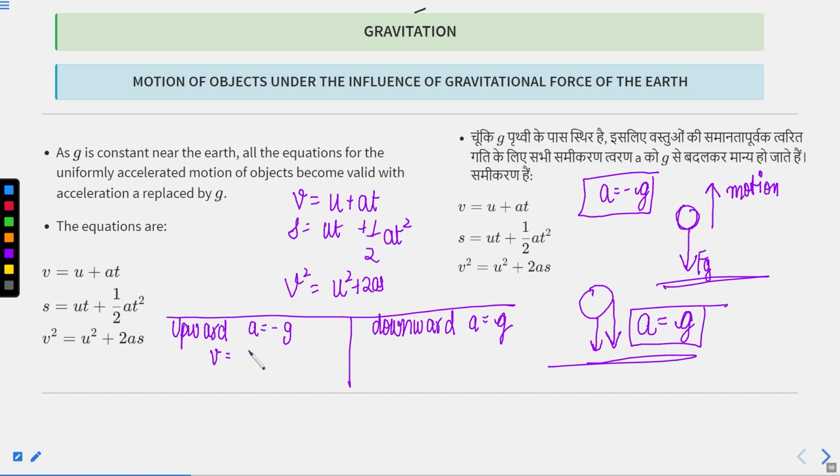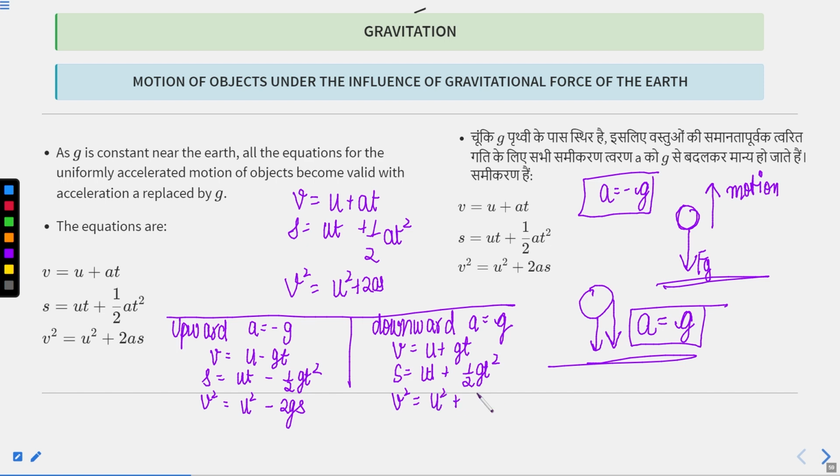V will be equal to U minus GT, S equals UT minus half GT square, and V square will be equal to U square minus 2GS. And in the downward case, V will be equal to U plus GT, S equals UT plus half GT square, and V square will be equal to U square plus 2GS.